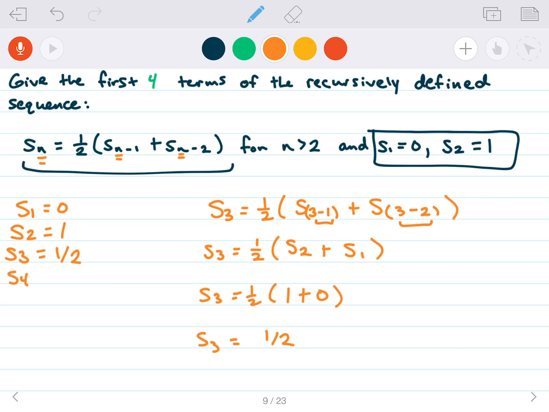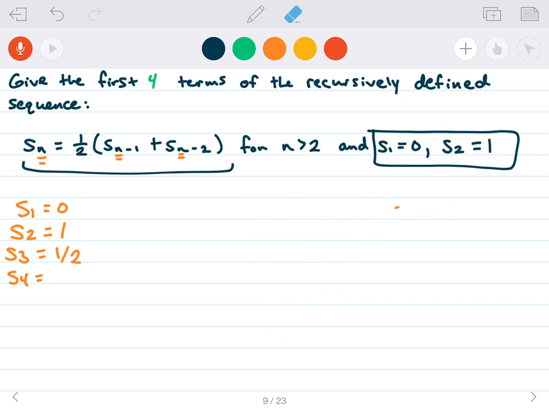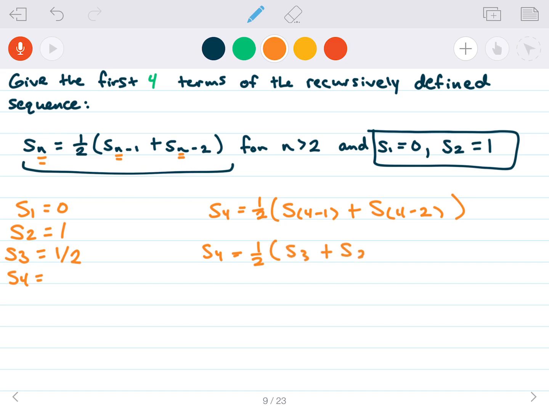So S sub 4, I'm going to do the same thing. All I'm doing is plugging in 4 in for n into my rule that I have. So S sub 4 is going to be 1/2 times S sub in the subscript 4 minus 1 plus S in the subscript 4 minus 2. Simplify this out. Now S sub 3 we know, and S sub 2 we know, and that's what we're plugging in right here and here.